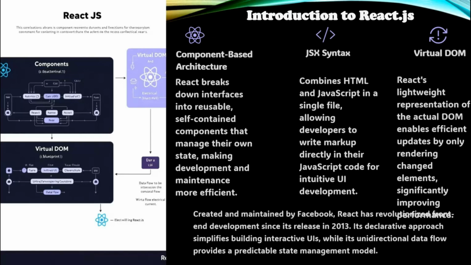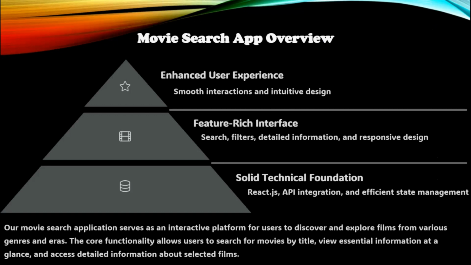Moving forward to the movie search app overview, what we have made in our app. We have used React.js, which helps give a good user experience, with smooth interaction between the code and the JavaScript. The second thing is the technical foundation, which has good API integration and state management.